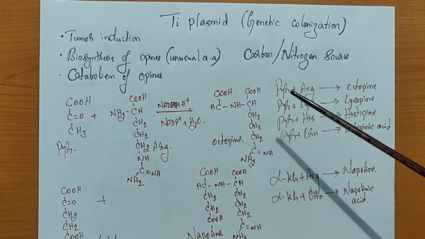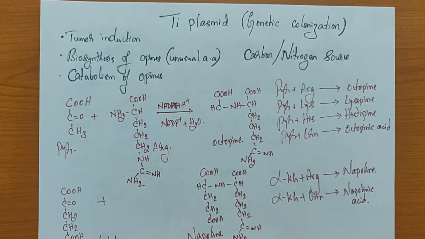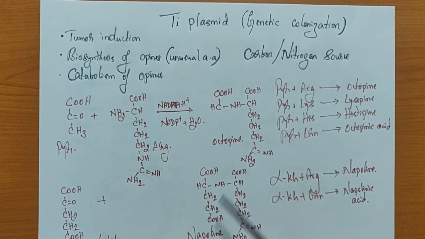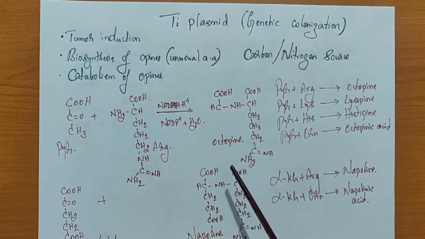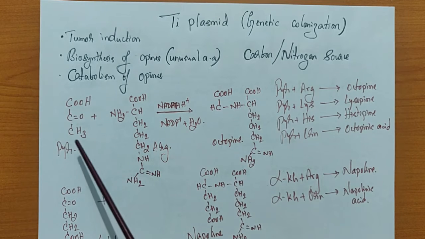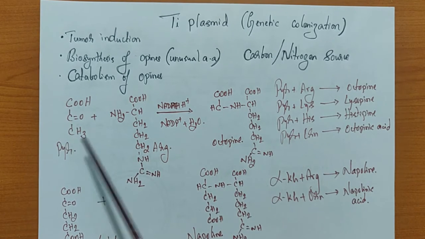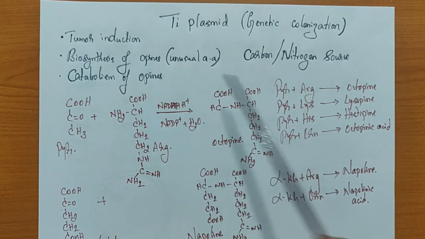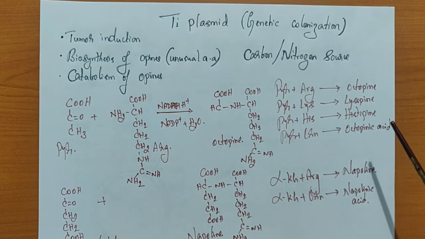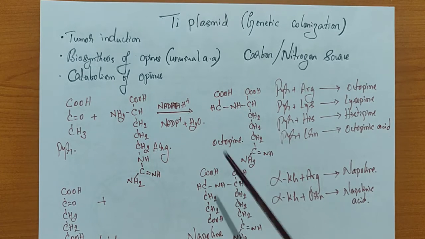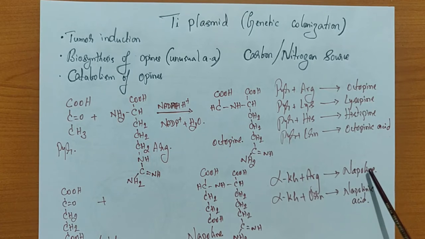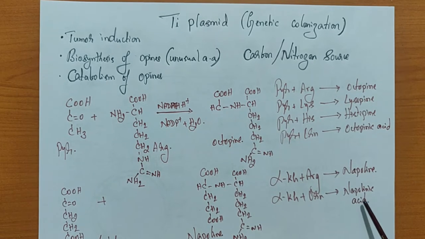So these are the two major classes of plasmids we have characterized. In case of octopine, we have the octopine synthase, which preferably uses pyruvate with several amino acids to produce opines like octopine, lysopine, histopine, and octopinic acid. In case of nopaline synthase, which is another class of plasmid, they use alpha ketoglutarate with arginine to produce nopaline, and with ornithine they produce nopalinic acid.